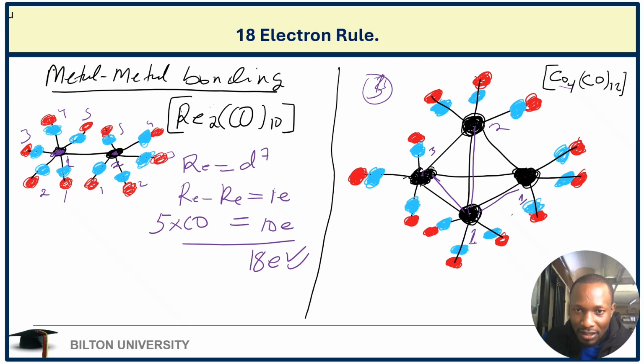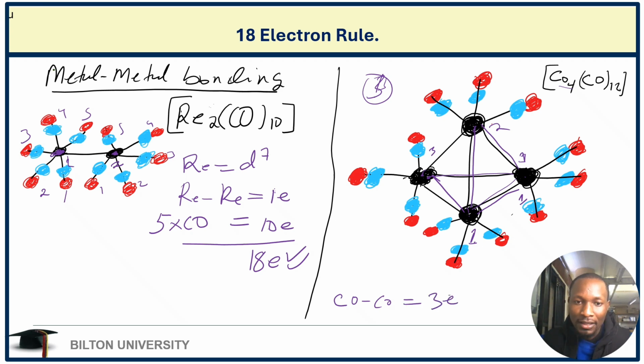Even if we take this one as our focus, it is connected to this one, that is 1. It is connected to this one, that is 2, and it is connected to this one, that is 3. So each cobalt metal is connected to 3 different cobalts. So the cobalt bond is 3. So that's 3 electrons.